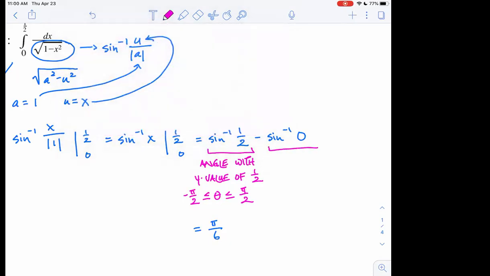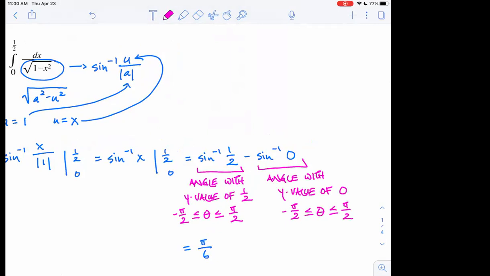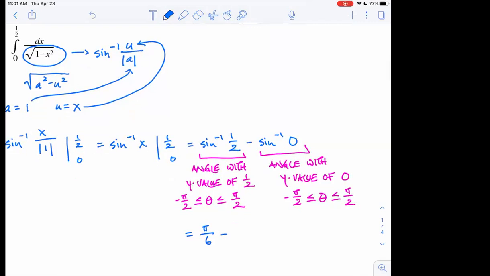And then for this part right here, it says something similar. It says find an angle with a y value of 0. And same thing, that angle needs to be between pi over 2 and negative pi over 2. So when we look back at our unit circle, the angle that has a y value of 0 is actually 0. And so our final answer here is going to be pi over 6.